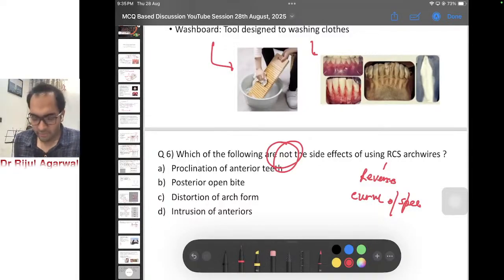So in AIIMS I have repeatedly been telling people, if you are able to eliminate 2 options, do attempt that question. Similarly goes for this question as well. Option D. Anyone else?